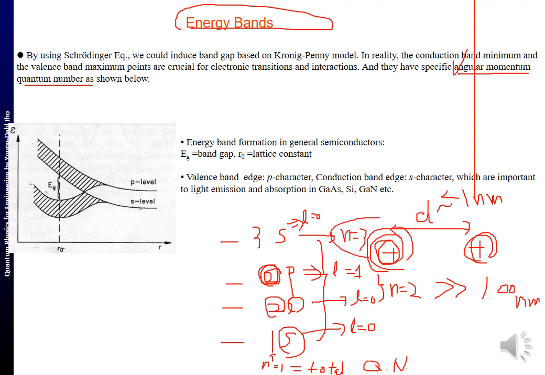When n is 3, actually L could be 0, L could be 1, L could be 2. When L is 1, we call it p, so there could be a 3p state. When L is 2, we call it d, so there is a 3d state.